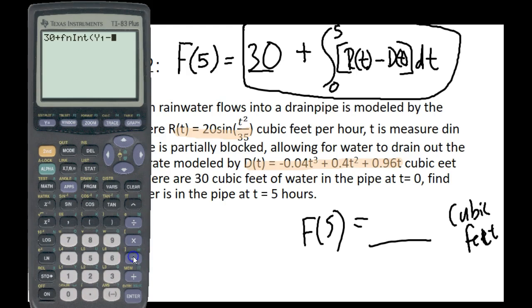I'm going to push minus for y2, so I go to vars, scroll over to yvars, push 1 for functions, and then pick whichever one you want. Now I'm going to pick 2 because I already did y1. So that's function 1 minus function 2, and for us that's r minus d. If I did parentheses around y1 and y2, that wouldn't be wrong. That would be fine.